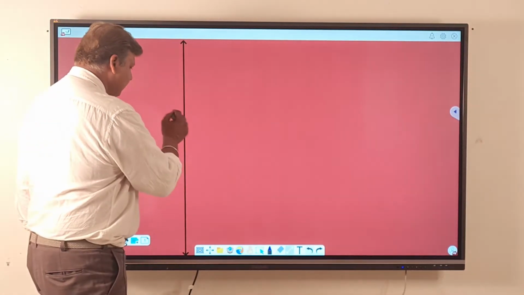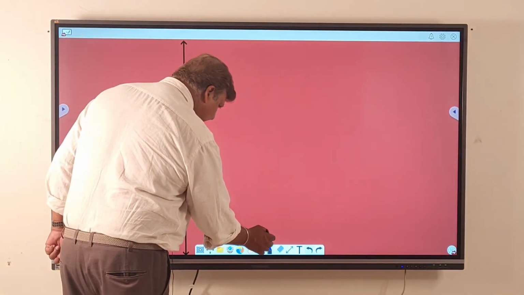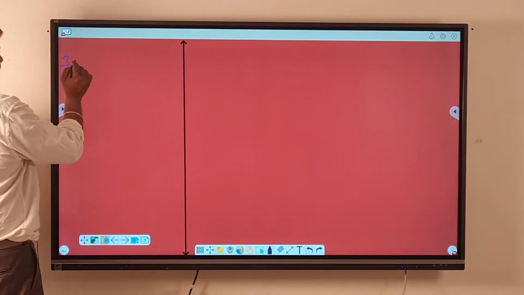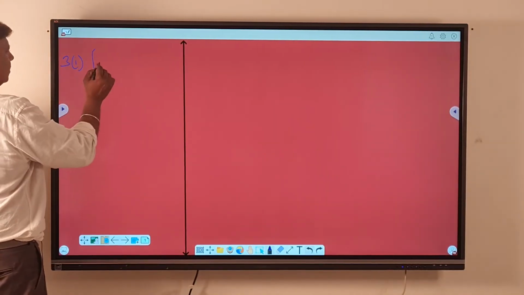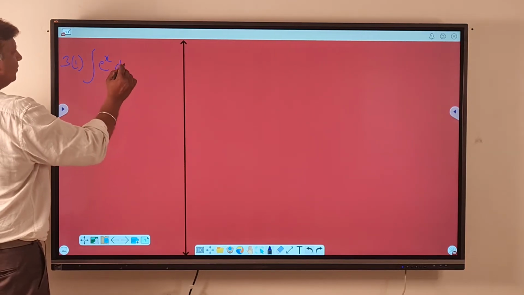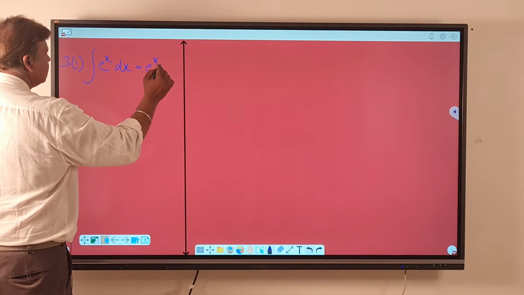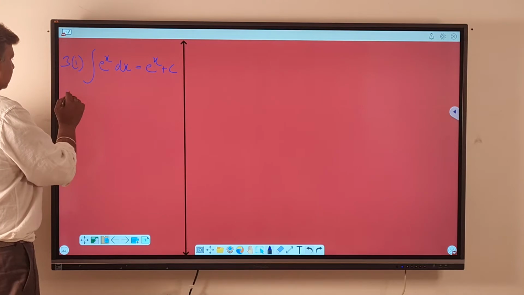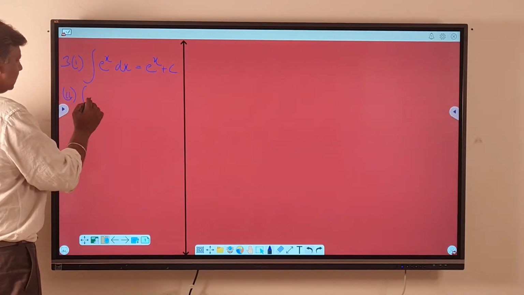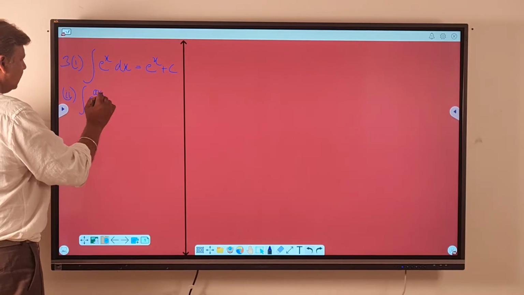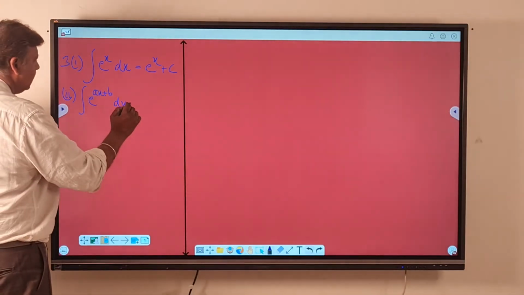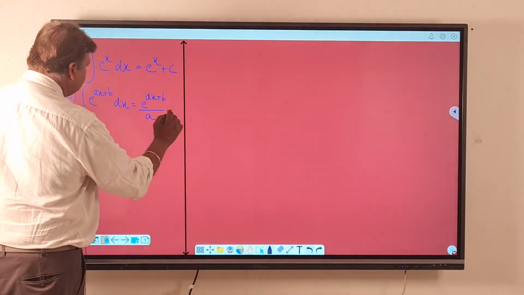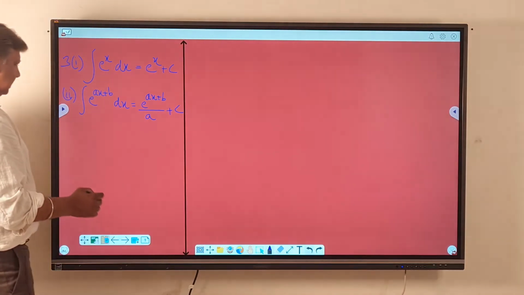Here the third formula which I'll emphasize upon would be the integration of e raised to power x. e is the exponential number, because the derivative of e raised to power x is e raised to power x. And suppose instead of e raised to power x, you have e raised to power (ax plus b), then you will have e raised to power (ax plus b), and here in the denominator the coefficient of x would come, and a constant term c.